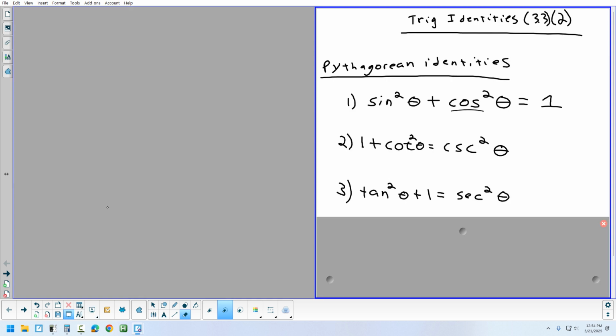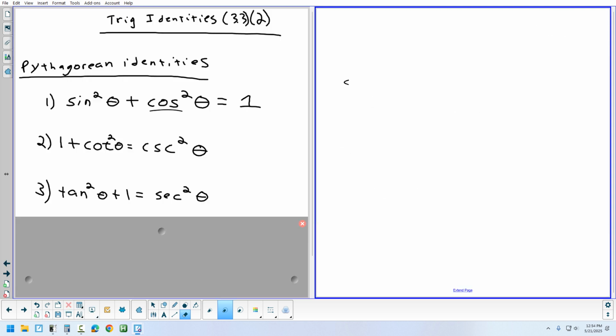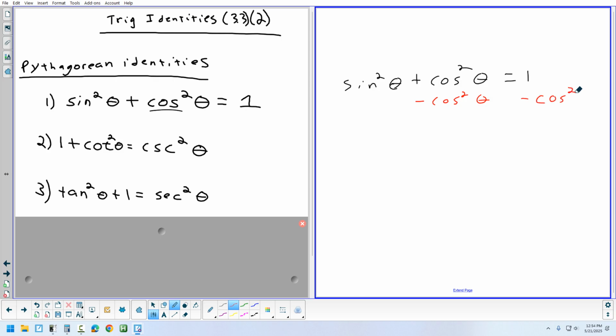Now, let's take sine squared plus cosine squared equals 1. If I wanted to move cosine squared over to the right side, how would you move it over? Subtract. Yep, you could subtract it. If you did that, what would it leave you with on the left?